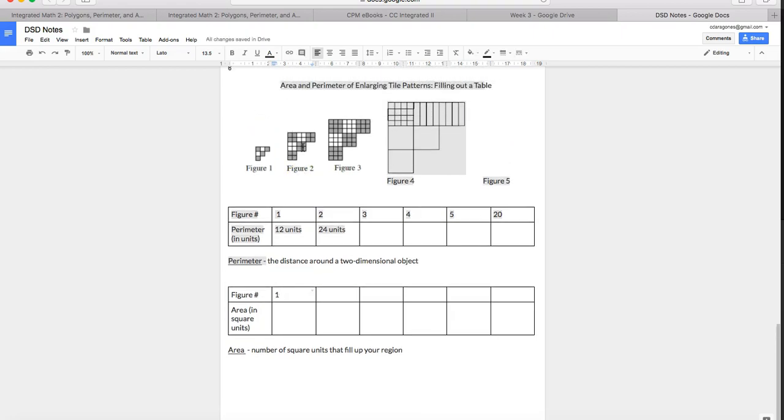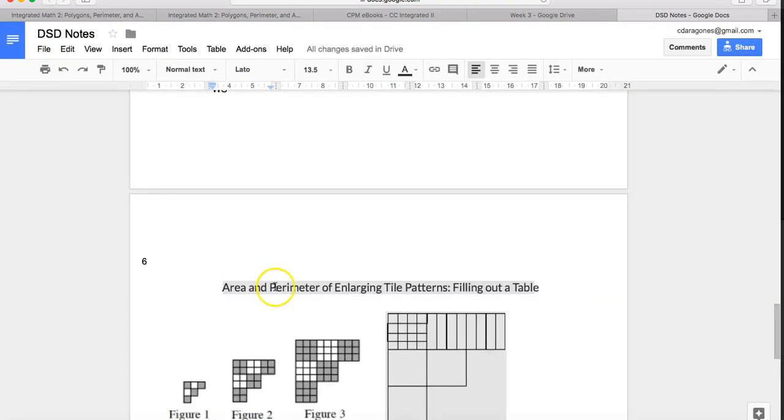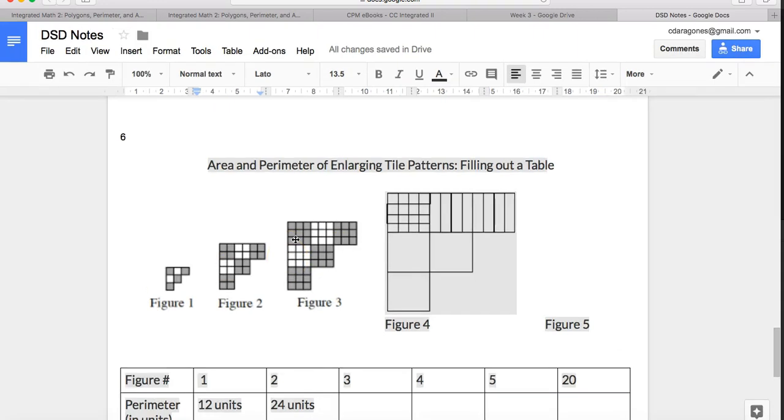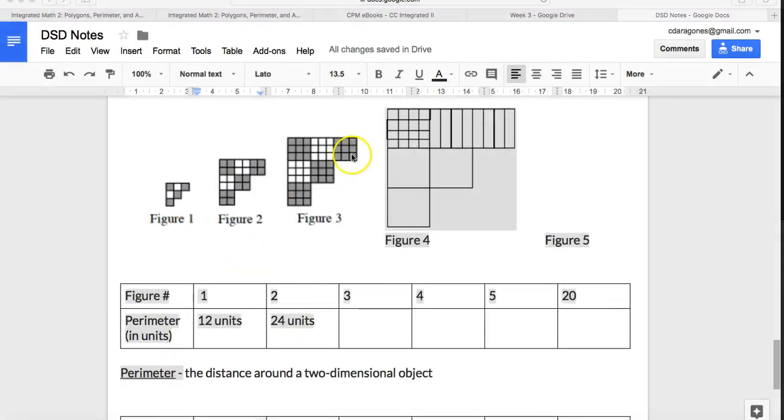In figure number 1, one of these smaller squares is 1 square unit. So if I look at figure number 1, let me shade that in. One of these squares right here is 1 square unit. So to find the area, I have to count how many square units are in my figure.